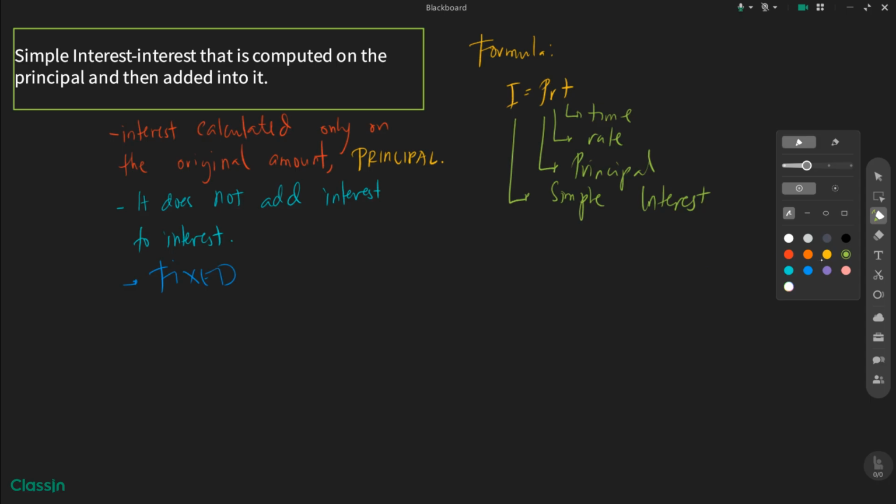For example, let's have an example for you to understand it further.